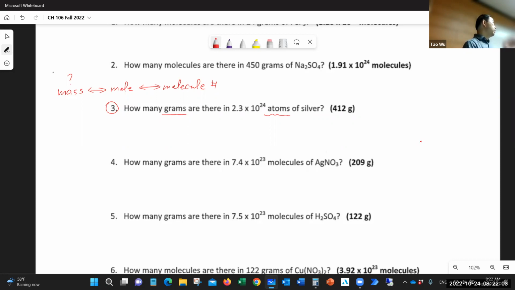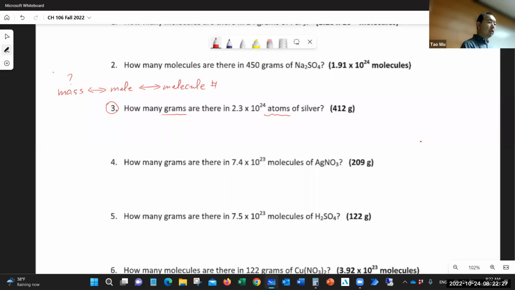We talked about how 1 mole of something could be 6.02 times 10 to the 23rd atoms, the same amount of molecules, or the same amount of ions. That really doesn't matter. But 1 mole is 6.02 times 10 to the 23rd.